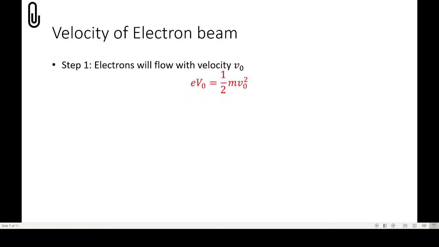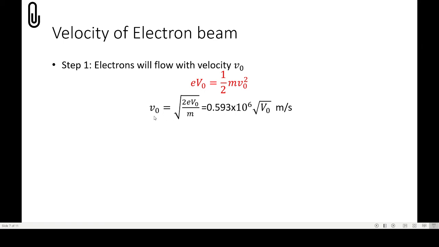When we apply the potential, the potential energy of the electron will be converted into its kinetic energy. From this we can calculate the equation for V0, where e is the charge of the electron and m is the mass of the electron. After putting these values, we can simplify the equation like this.